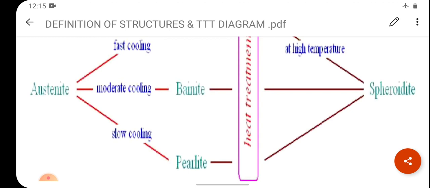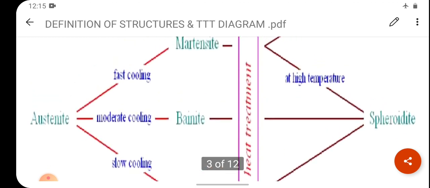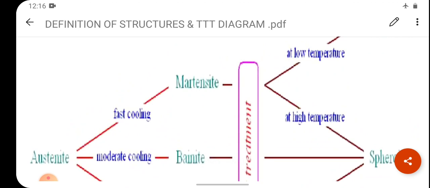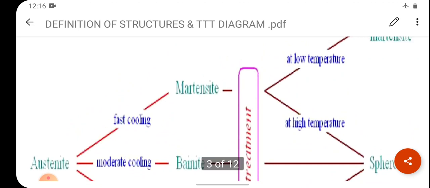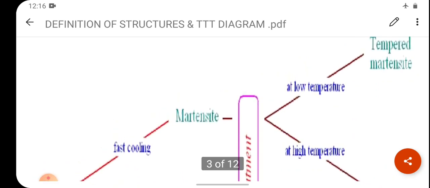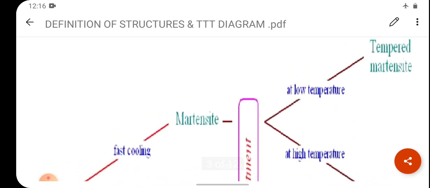After getting these three structures, that is perlite, bainite and martensite, if we give these structures a heat treatment, there will be a new structure formed. If heat treatment is at low temperature, we will get tempered martensite.